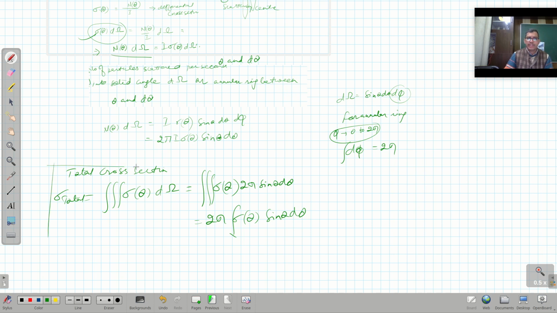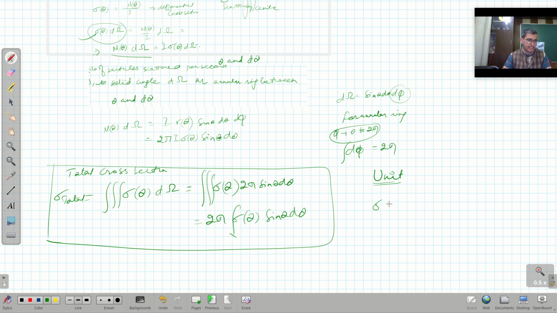So this is how we can look at the differential cross section and total cross section, and we define the probability of scattering. Also a very important thing is the unit or the dimensions. As we know, sigma is n theta over I, and n theta is the number of particles per unit time, so its dimension will be t inverse.